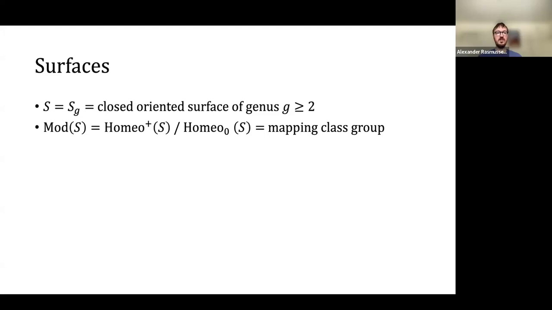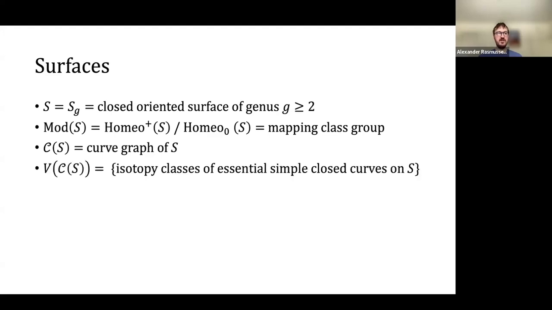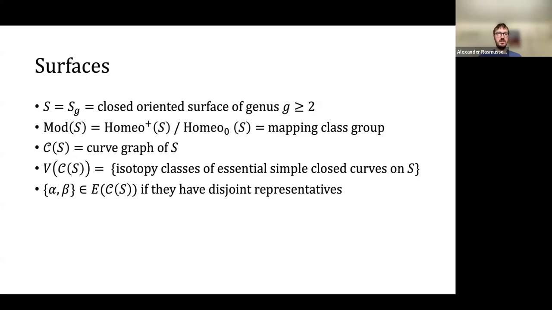We have the mapping class group. This is the group of orientation preserving homeomorphisms up to isotopy. And then we have the curve graph. The vertices of the curve graph are the isotopy classes of essential simple closed curves on S. And there's an edge between isotopy classes alpha and beta if they have disjoint representatives.